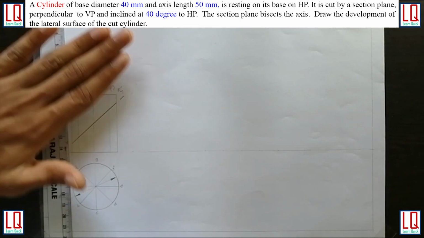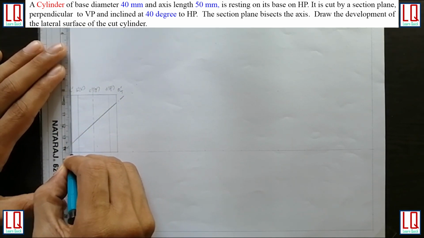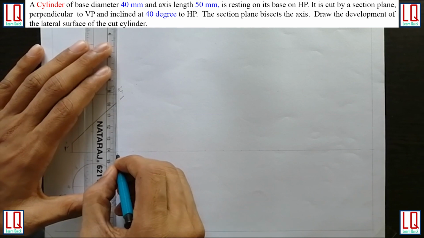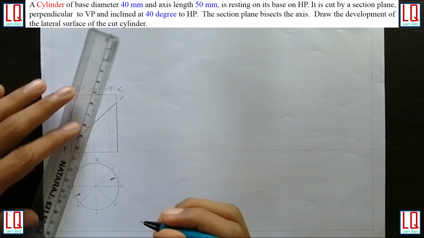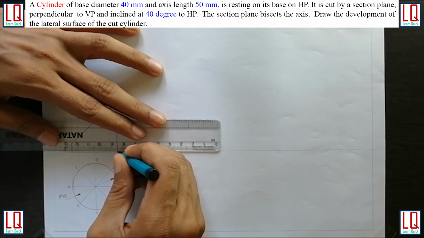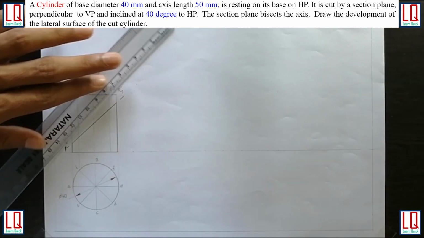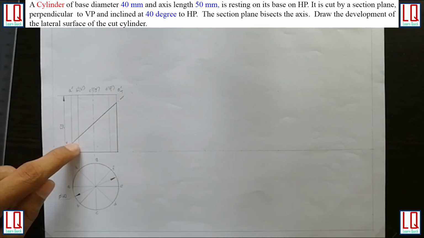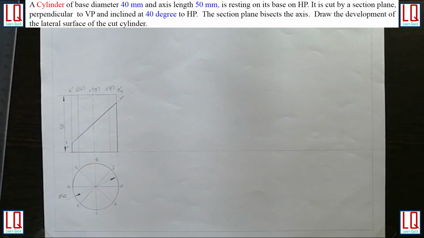After removing the portion of my solid, I am going to highlight the generator which is visible. The remaining generators have been highlighted now. We should not highlight these generators because they are not foldable. They are just imaginary generators.